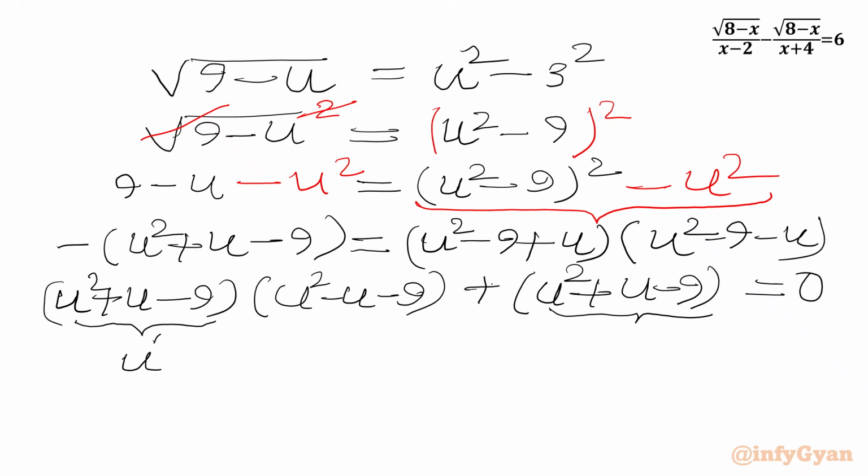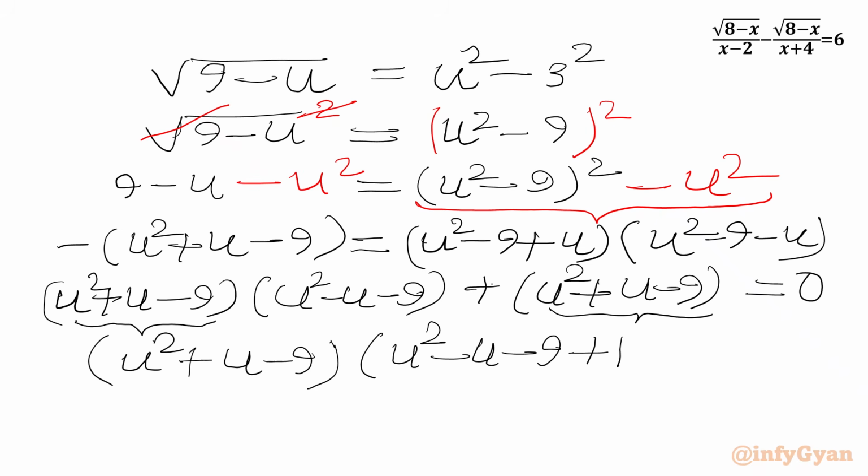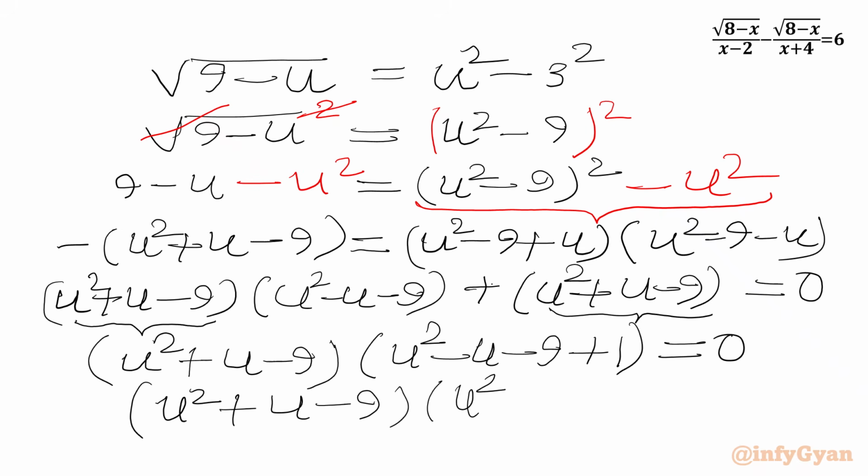In the other bracket, we'll write u square minus u minus 9 plus 1 equal to 0, or we will write (u square plus u minus 9) times (u square minus u minus 8) equal to 0.